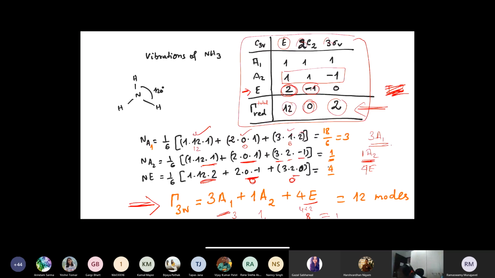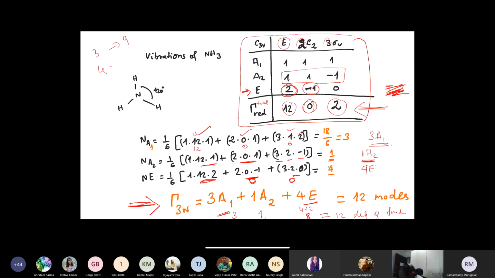How did we obtain the 12 degrees of freedom? Water has 3 atoms, you had 9 modes. Ammonia has 4 atoms, you have 12 modes, of which 4 are non-degenerate and 4 are doubly degenerate. So 4 into 2, 8 plus 4, 12 modes.